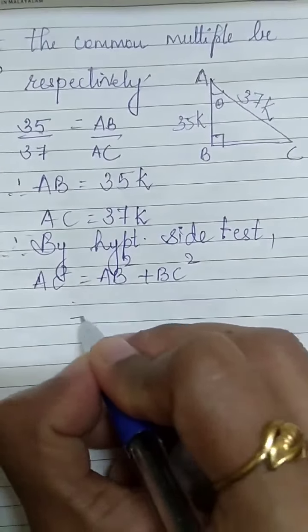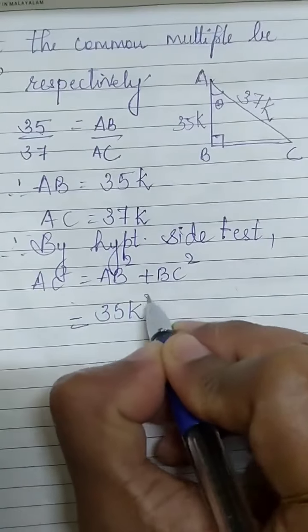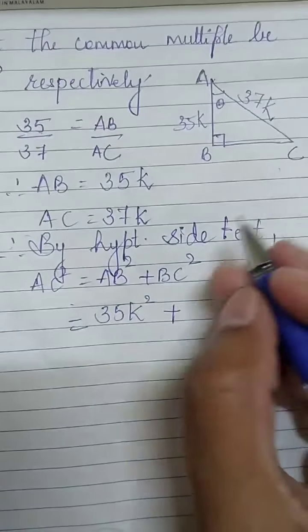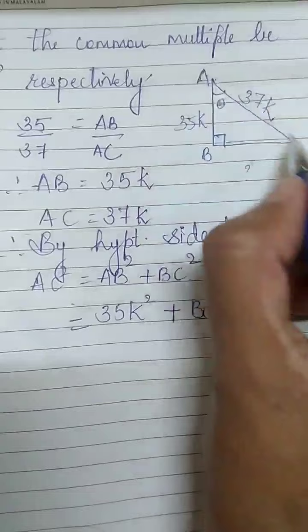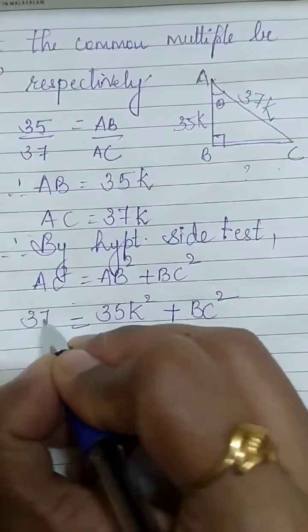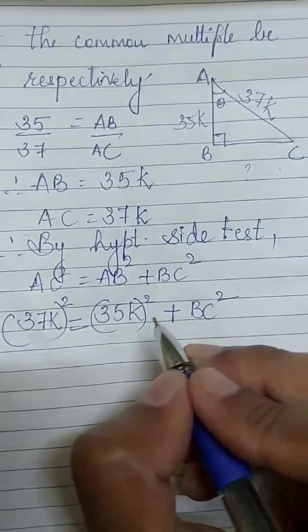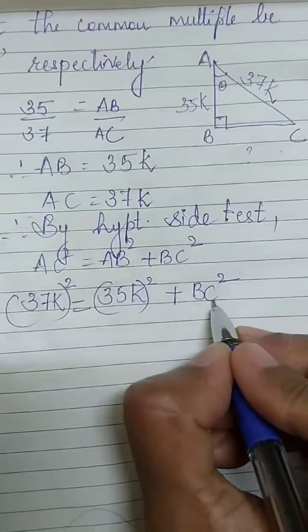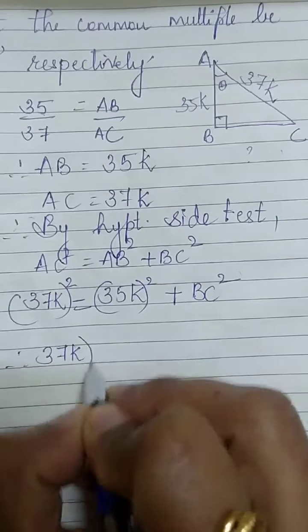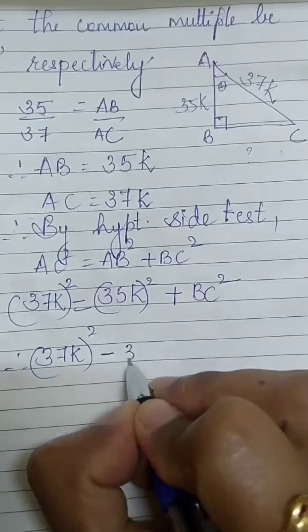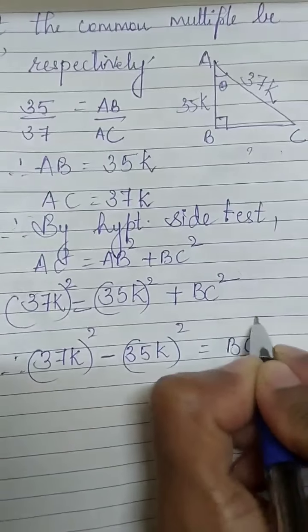AB we know is 35k whole square, plus BC we don't know, so BC square, and AC is 37k whole square. So we want BC. So this will be therefore 37k whole square minus 35k whole square is equal to BC square.